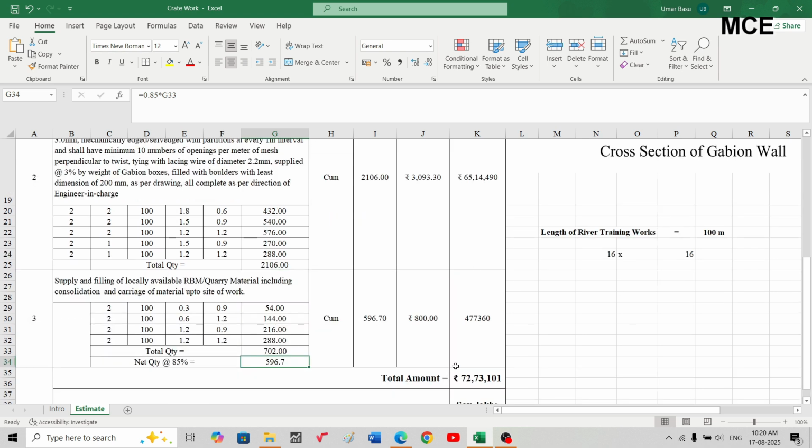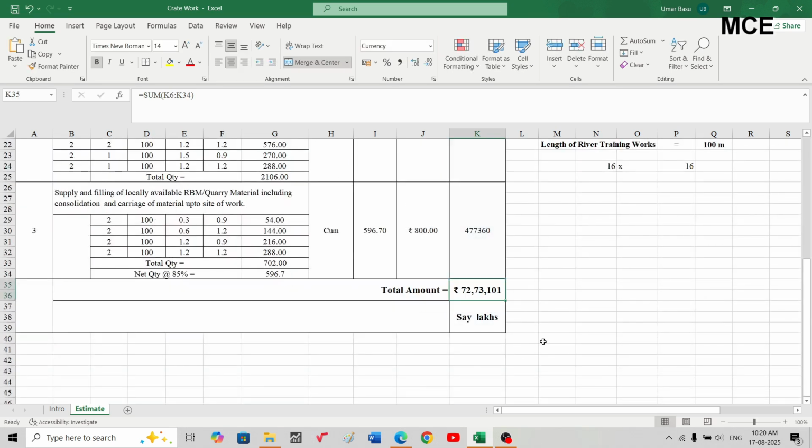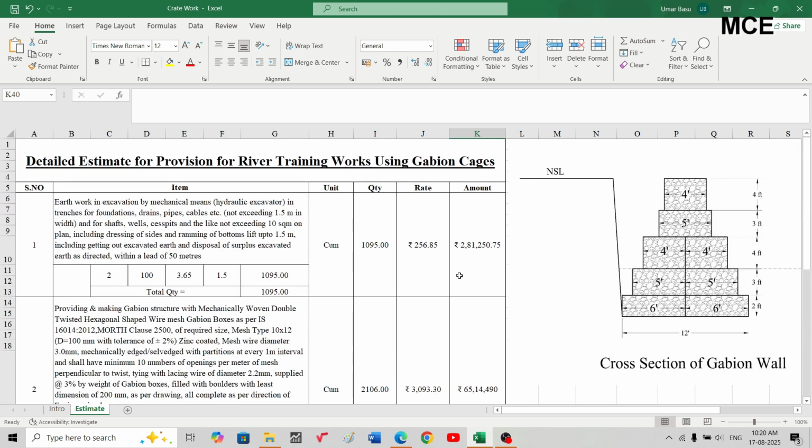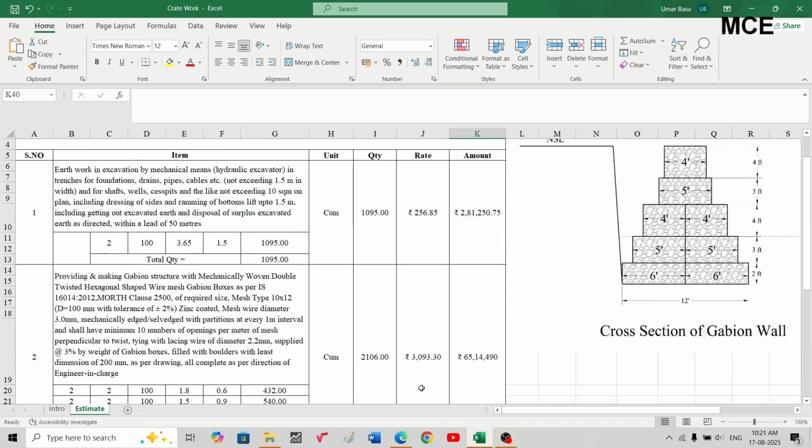So total for these 3 items will be equal to 72,73,101 Indian rupees, or you can write it as 72.73 lakhs, which will be the cost for placing the Gabion cages along the river banks, having the cross section as shown in the figure.